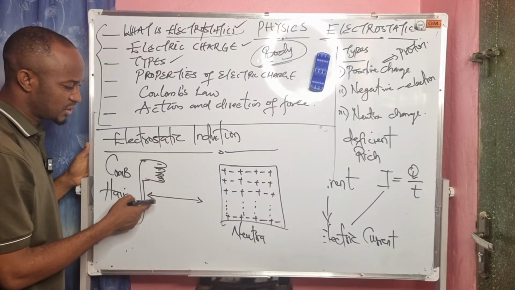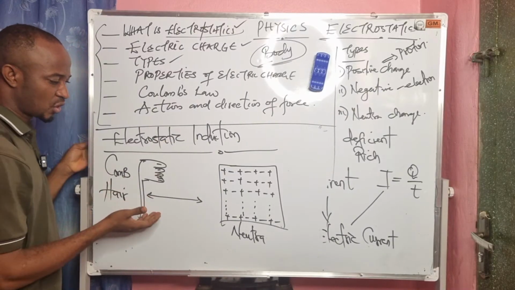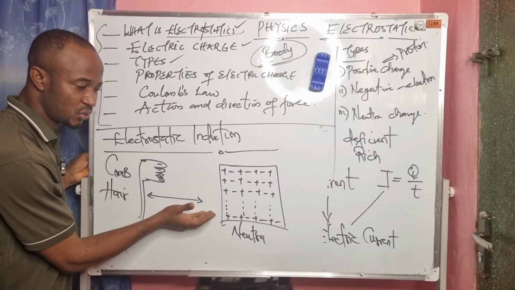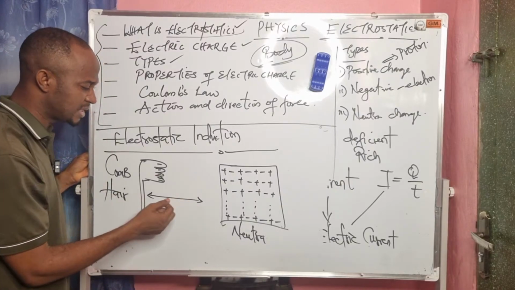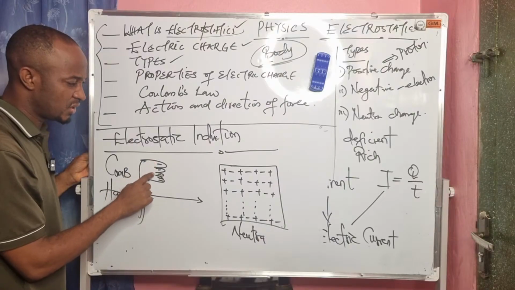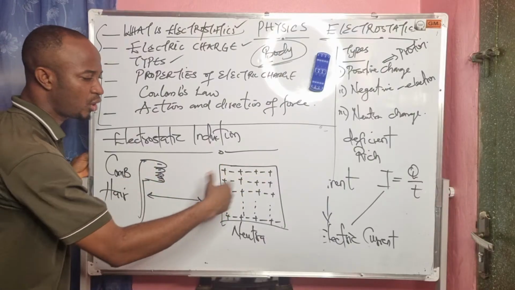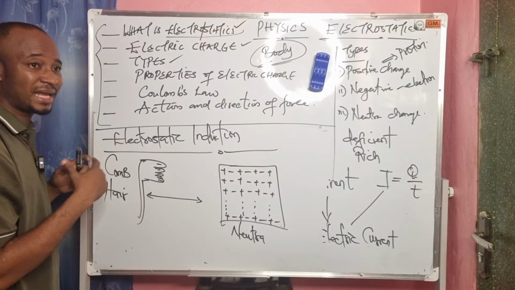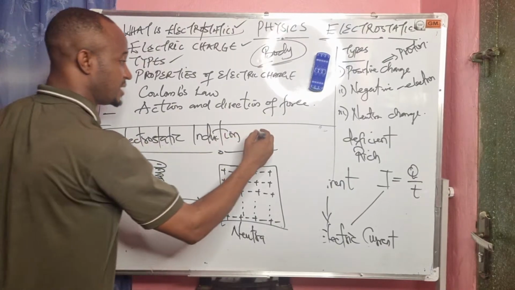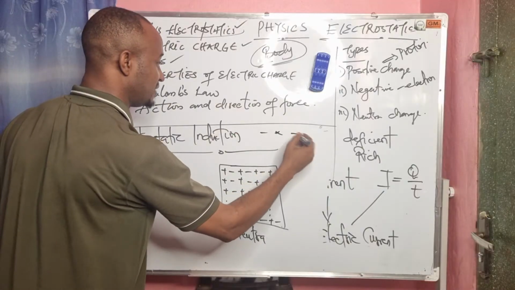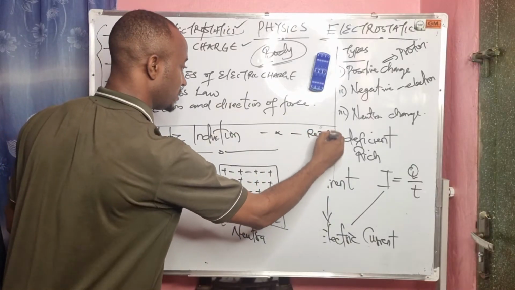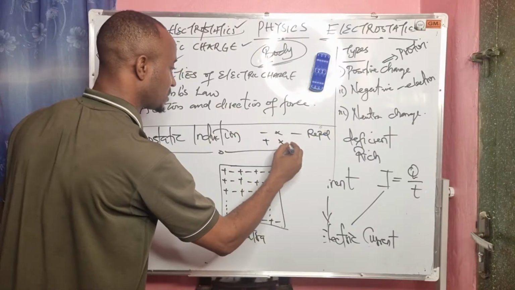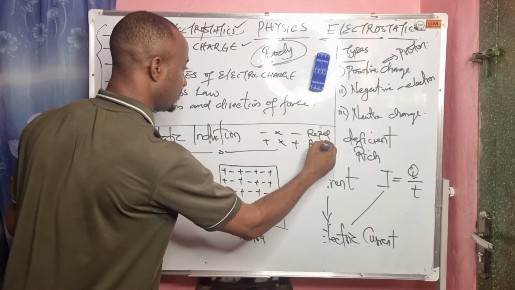Now, as this comb is coming close to the paper, what happens is that the electrons here will knock off the electrons in this piece of paper. Don't forget that like charges repel, right? Meaning negative and negative will repel. Positive and what? Positive will what? Will repel.